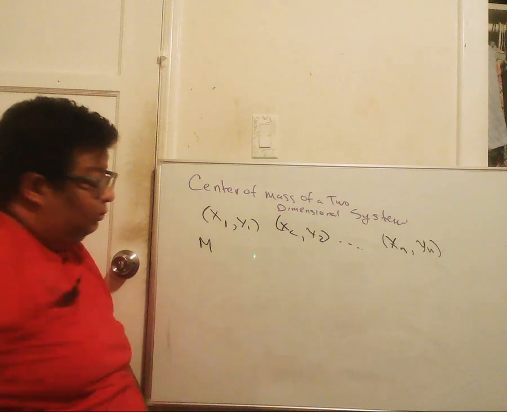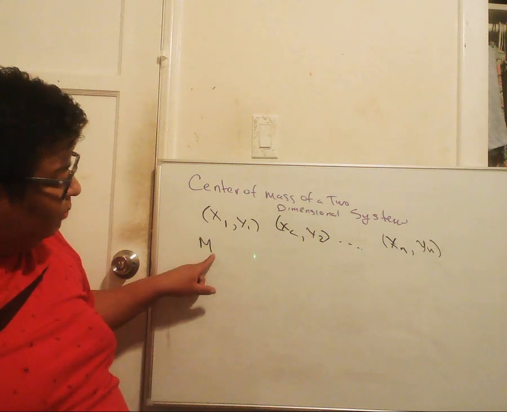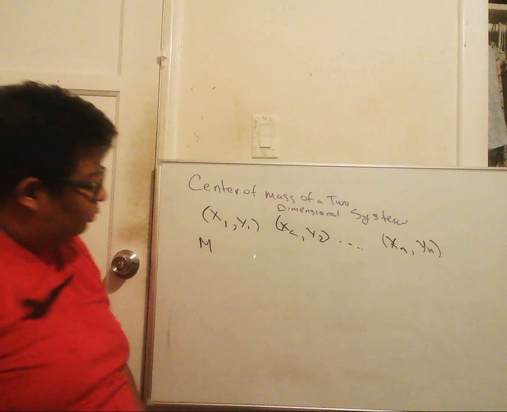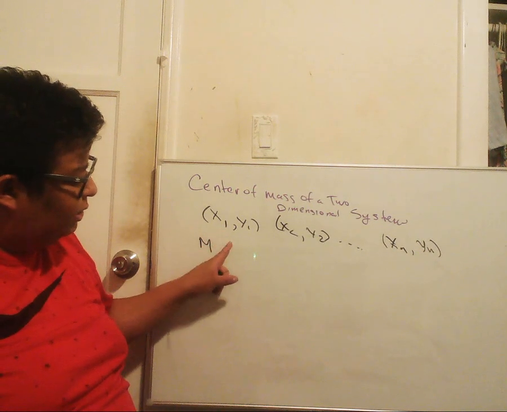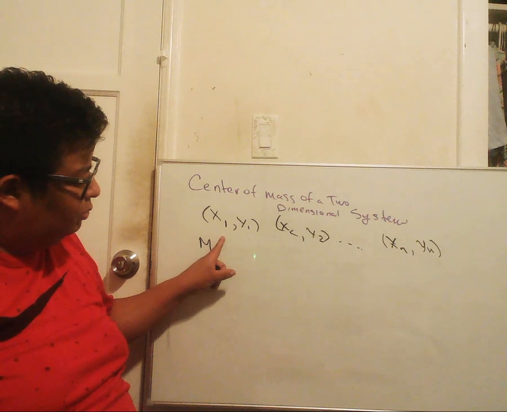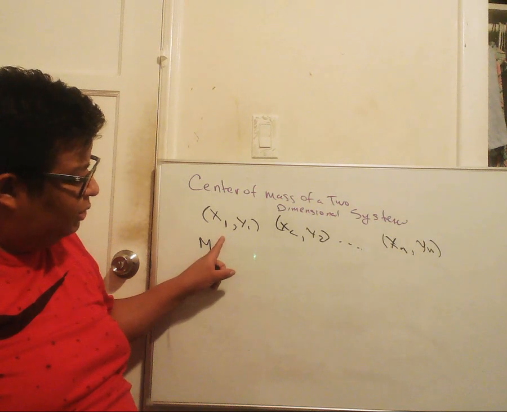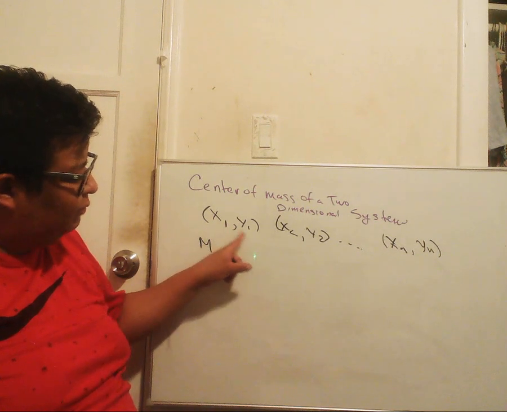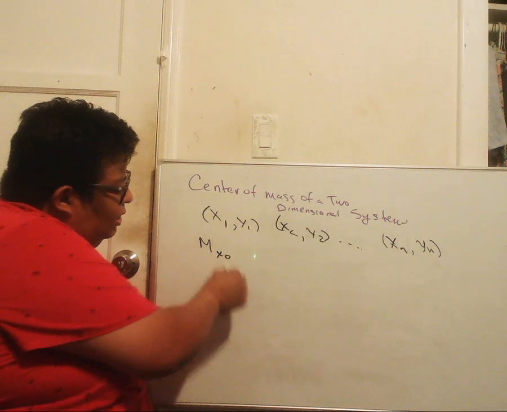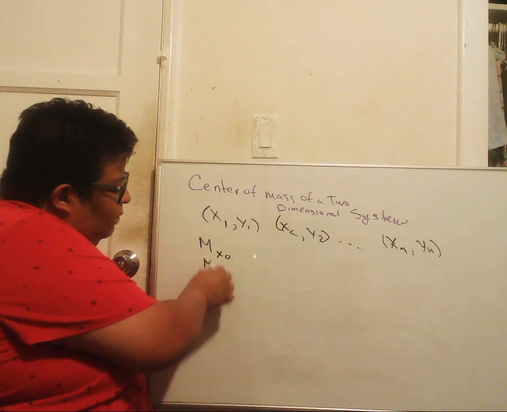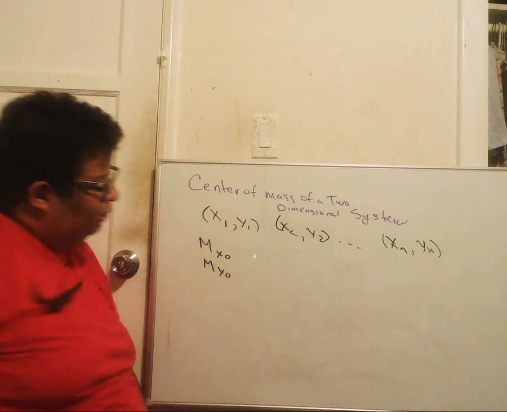So remember, the moment about the origin was based on x, but now we're going to have two moments, one for the x and one for the y. I'm going to call them Mx0 and My0.